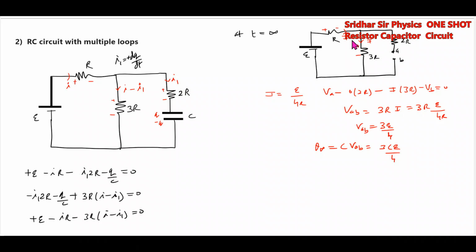This is about the steady state charge. To calculate the time constant, what should we do? Wherever the cell is there, make its EMF zero and replace the cell with its internal resistance.